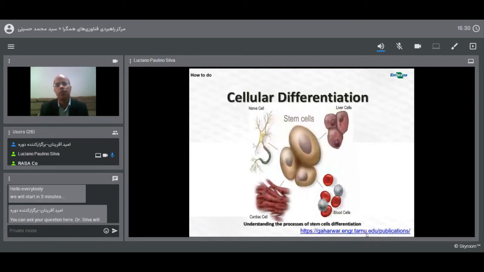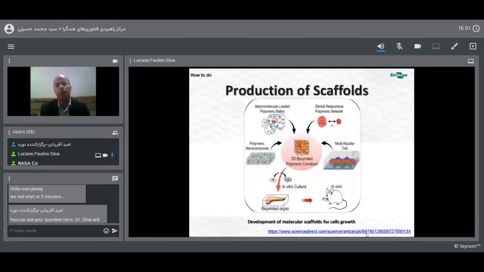To perform these strategies, we have a first step related to cellular differentiation that allows us to understand the process of stem cell differentiation toward new types of cells from the tissues. We are also talking about the production of scaffolds that could allow us to develop new molecular scaffolds for cell growth.